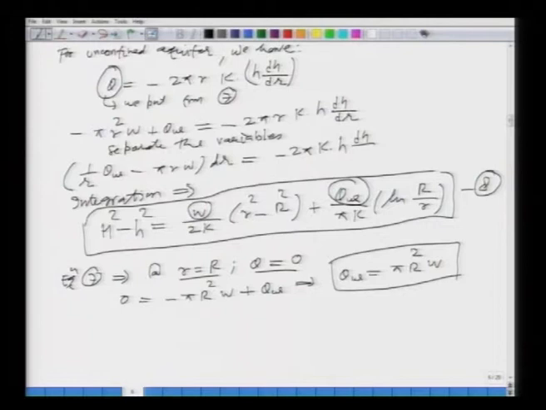Knowing the radius of influence and the recharge rate, this can be put into this equation here. So, you see that we can combine equation 7 and equation 8 to simplify our equation and get a composite relationship for the profile of the groundwater table in an unconfined aquifer under recharge, under steady state conditions. I would like to stop here as far as the steady state analysis is concerned.